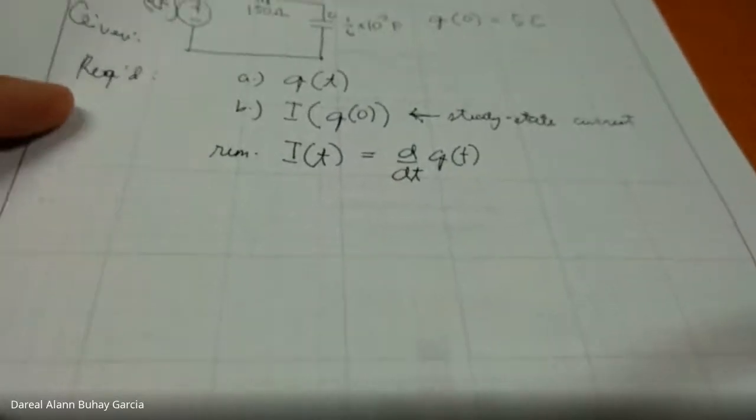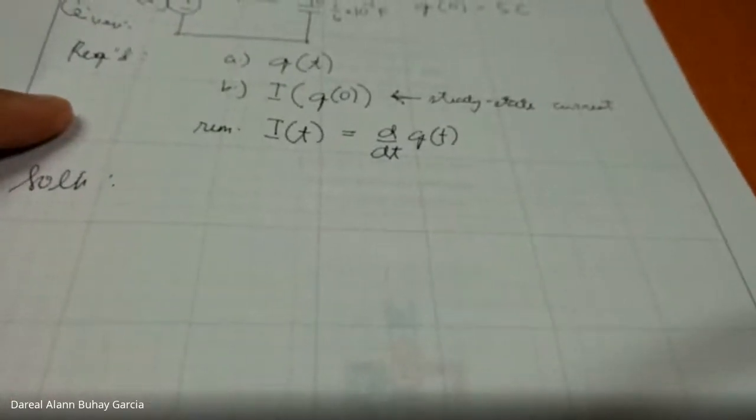Okay, let's try to solve this one. The solution looks the same as the RL circuit, but instead of di over dt, this is dq over dt.